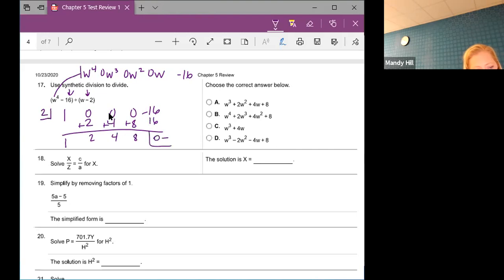That means our last term, which is our remainder, is 0. We started with a w to the 4th, so that means this is going to be 1 less than that: w to the 3rd, w squared, w plus 8. So we are down to number 17. The one that matches that looks like A, correct?